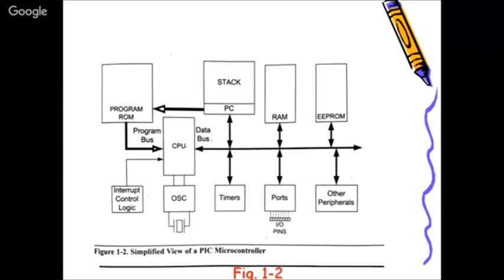RISC supplemented with this Harvard gives a very good and fast architecture. So this is the major difference you can take note of, that there are 2 buses, one for the instruction set, another for your data. These are 2 different buses, so it is based on the Harvard architecture, and therefore there is good performance.